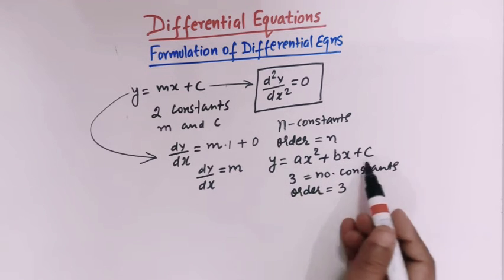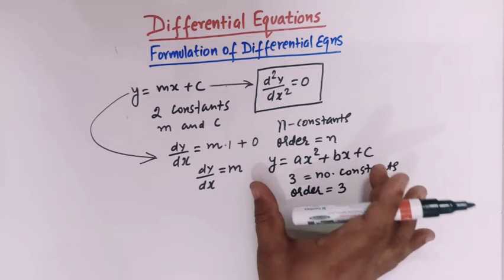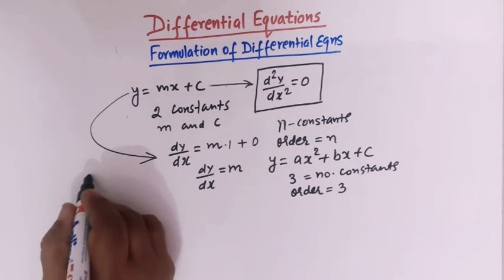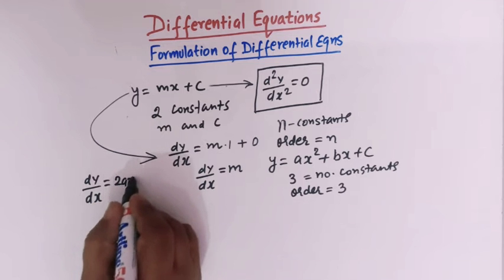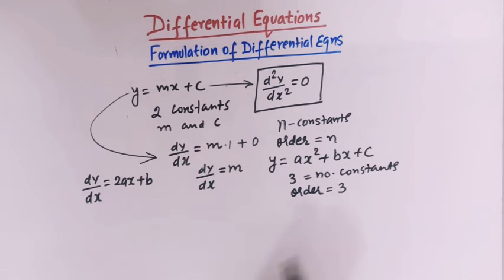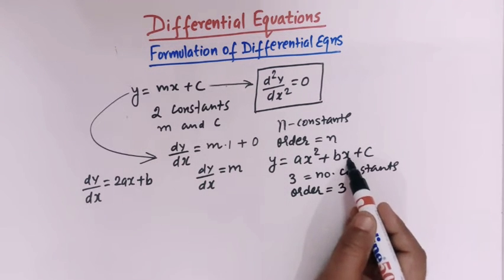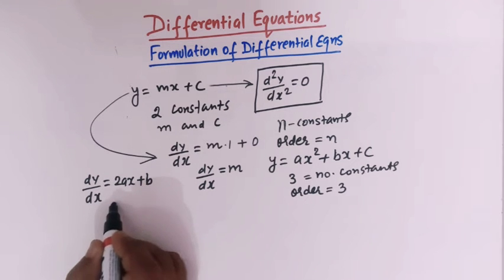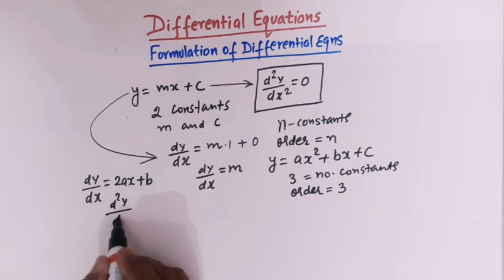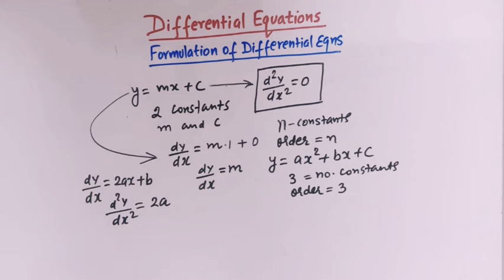Here a, b, c are constants, so let us first find the first derivative. The first derivative is dy over dx is equal to 2ax plus b. The derivative of c is 0, the derivative of x square is 2x, and the derivative of x is 1. Now let us again differentiate this equation. So we have d2y over dx2 is equal to 2a.